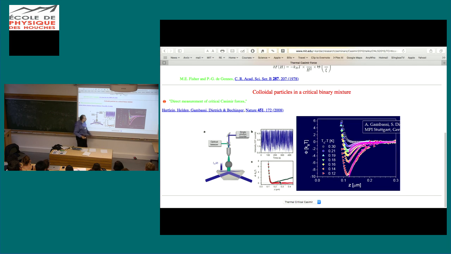And so what they do is they plot what happens to the effective potential as they tune in close to the vicinity of TC. And right at TC, they see that this long-range interaction due to fluctuation suddenly emerges and is in very good agreement with the appropriate generalization of what we have been discussing to that case.